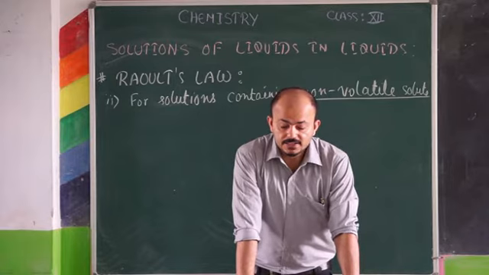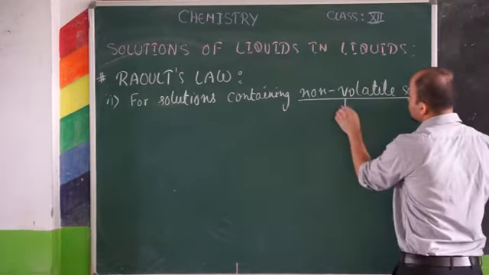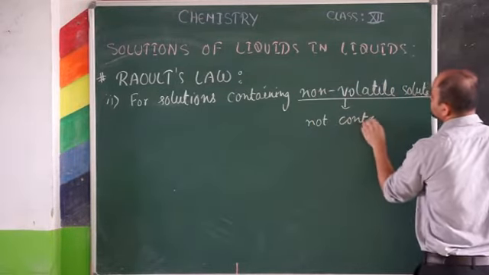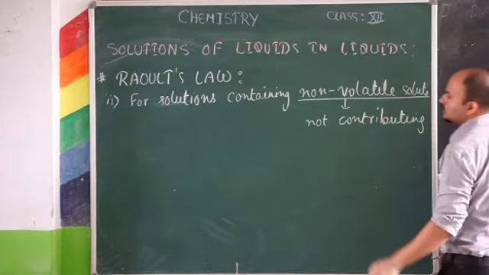Since the solution contains non-volatile solute, there is no contribution of the solute to the total vapor pressure of solution. Thus, the total vapor pressure of the solution will be equal to the vapor pressure of the solvent in the solution. So here, since the solute is not volatile, it is not contributing to the total vapor pressure.